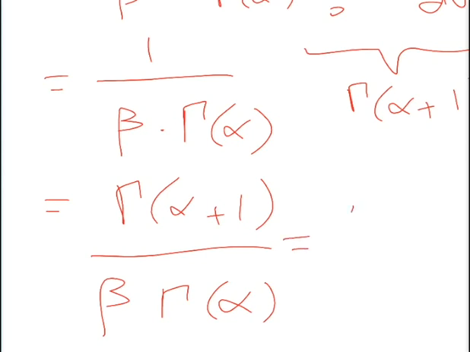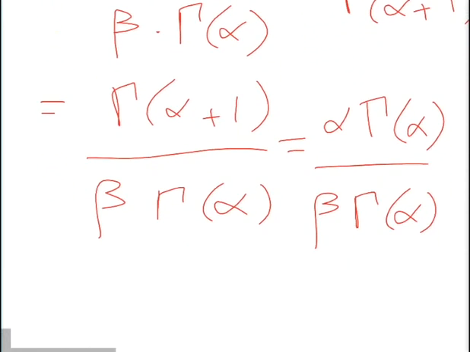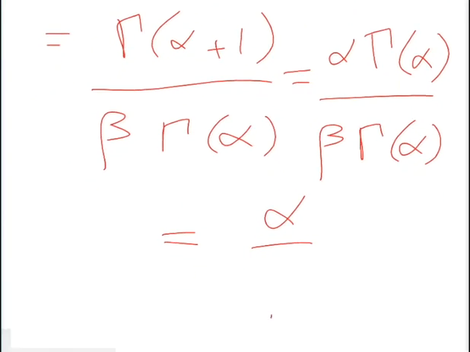Gamma of alpha plus 1 is what? Alpha times gamma of alpha, divided by beta times gamma of alpha. This is equal to alpha over beta. So this is the mean of the gamma distribution.